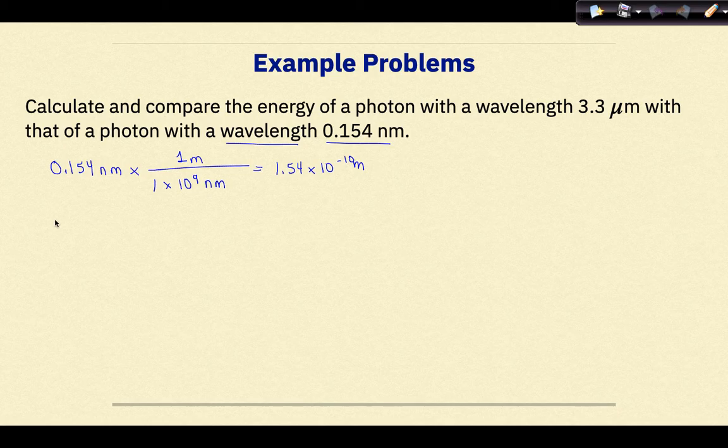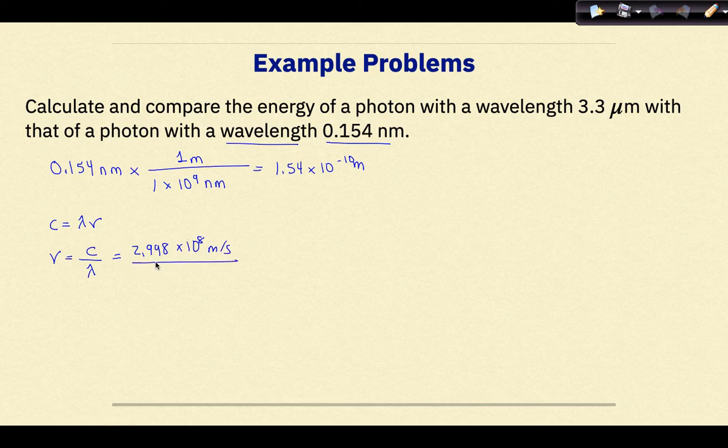Then I'm going to say speed of light is equal to wavelength times frequency. I need to solve for frequency like I did before. So speed of light over wavelength. Speed of light is 2.998 times 10 to the 8th meters per second.